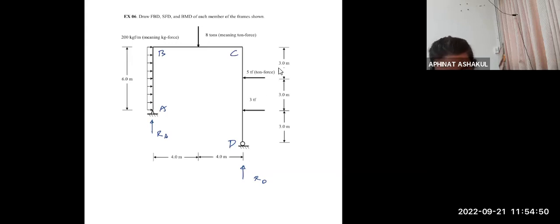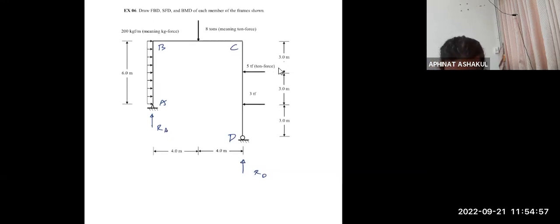All right. At least one thing that we can do right away is sigma Fx. No trickery now. So let's say sigma Fx equal to 0. We have 200 kilogram force, so please be careful a little bit. That's 200 kilogram per meter. That's 5 ton force, 3.